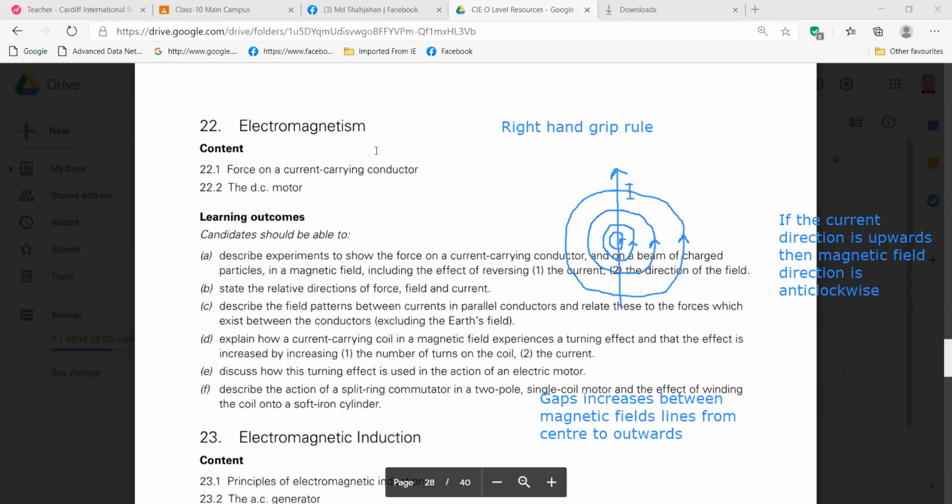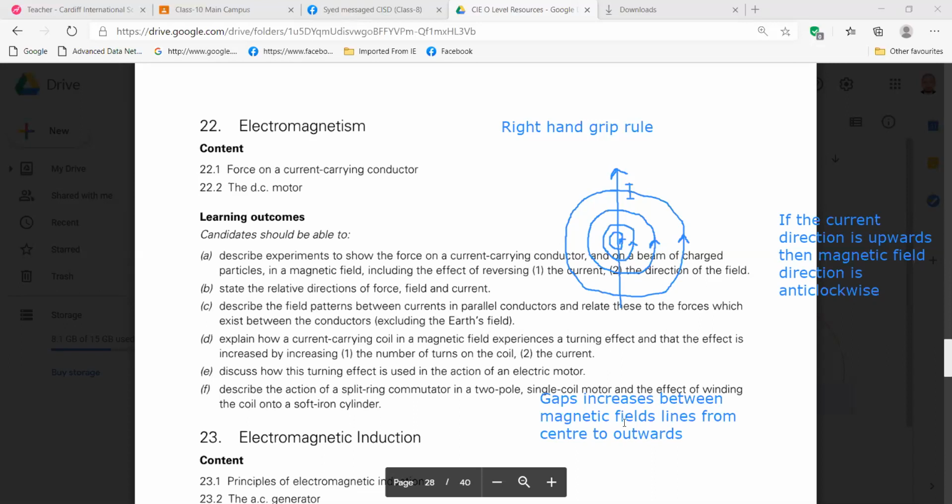In that case, we see the conductors are repelling each other. In magnetism, unlike poles attract, but here it is just the opposite. If the direction of current is opposite, then we are having repulsion.